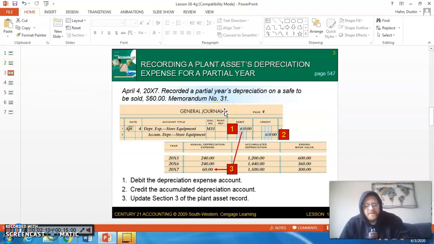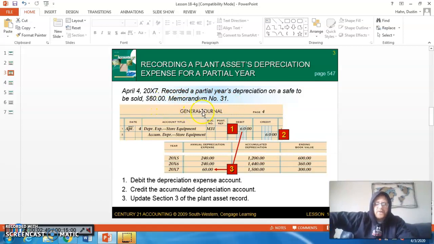Recording a plant asset's depreciation expense for a partial year. Just like when you're finding depreciation, if you only had that asset for 3 years out of 12, you find the depreciation per month. So this is the same concept here. On April 4th of 2017, you recorded a partial year's depreciation on a safe to be sold, $60, memo number 31.